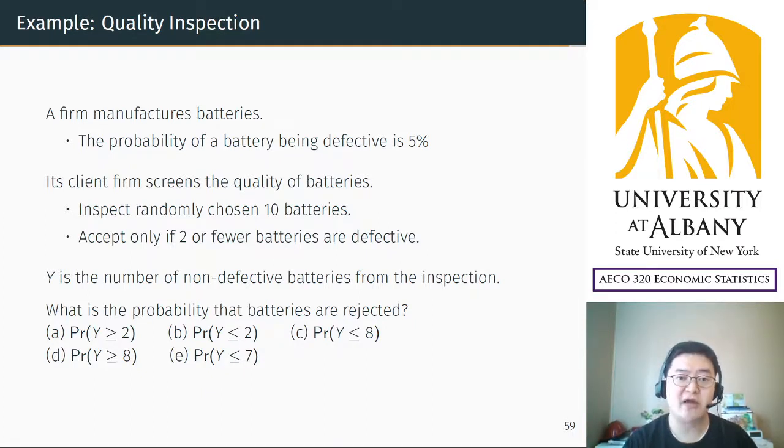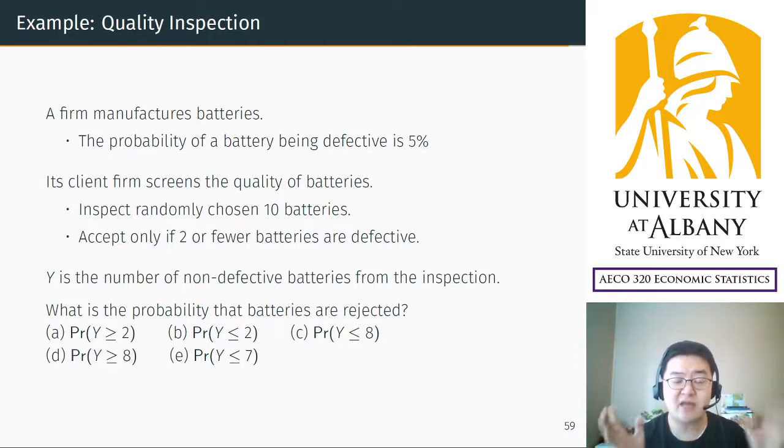And you supply those batteries to another firm, and the client screens the quality of the batteries upon reception. So when you ship your batteries, the client randomly chooses 10 batteries out of your shipment and inspects them carefully. They are going to accept the shipment only if 2 or fewer batteries are defective.